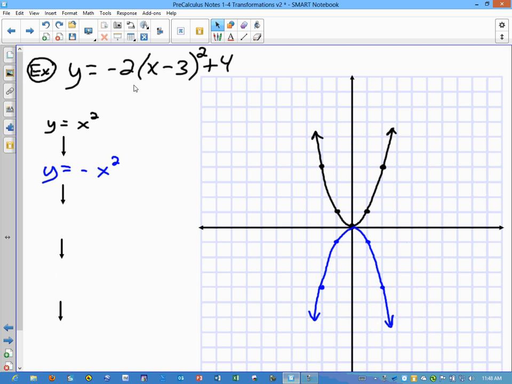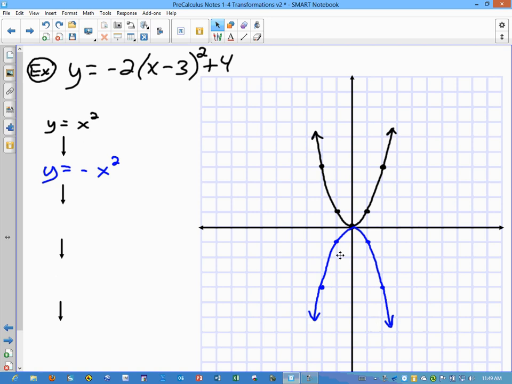Now, if I multiply by 2 outside, in other words, if instead of negative x squared I have -2 x squared, then that is going to stretch the graph vertically, which means it's going to affect the vertical or y distances. So instead of 1, 1, I'm going to go 1 and then twice as much as what I had before.